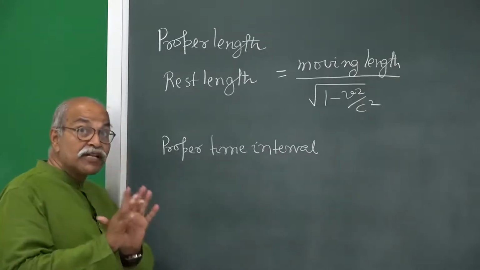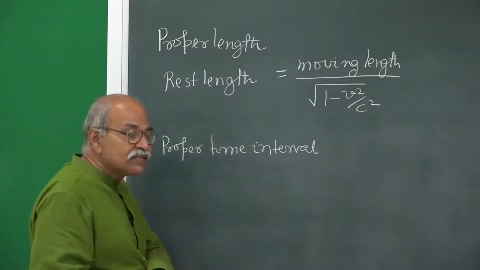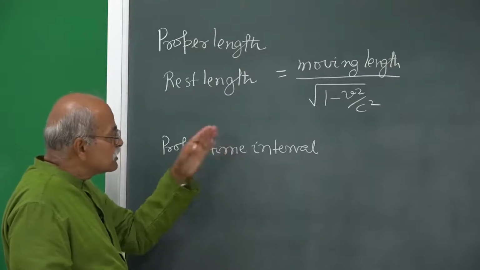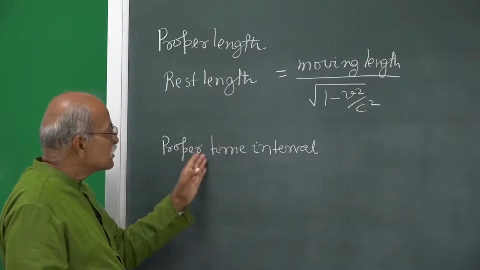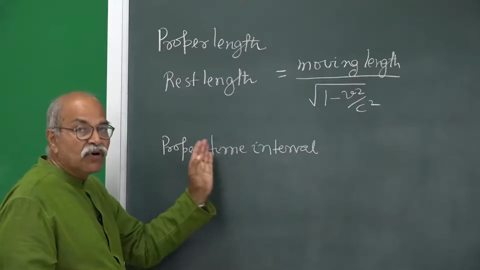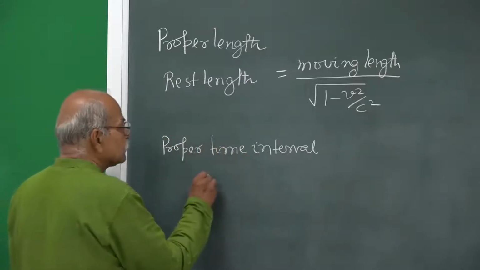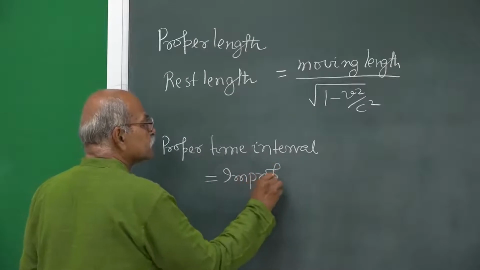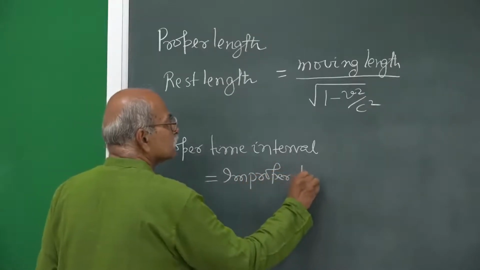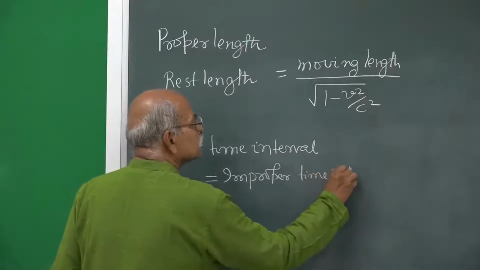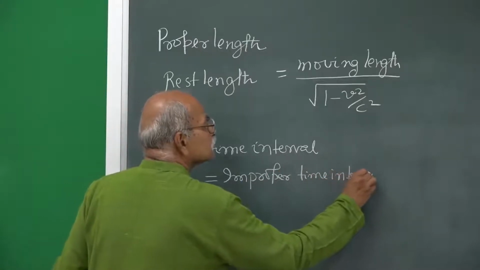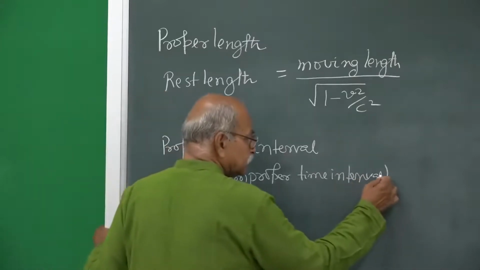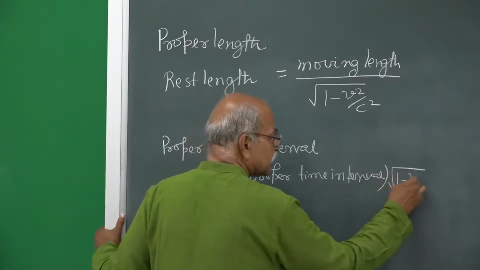If you are able to find such a frame, then the time interval between those two events measured in that frame is called proper time interval, and this is the smallest among others. So, this is improper time interval, and then multiplied by square root 1 minus v square by c square.